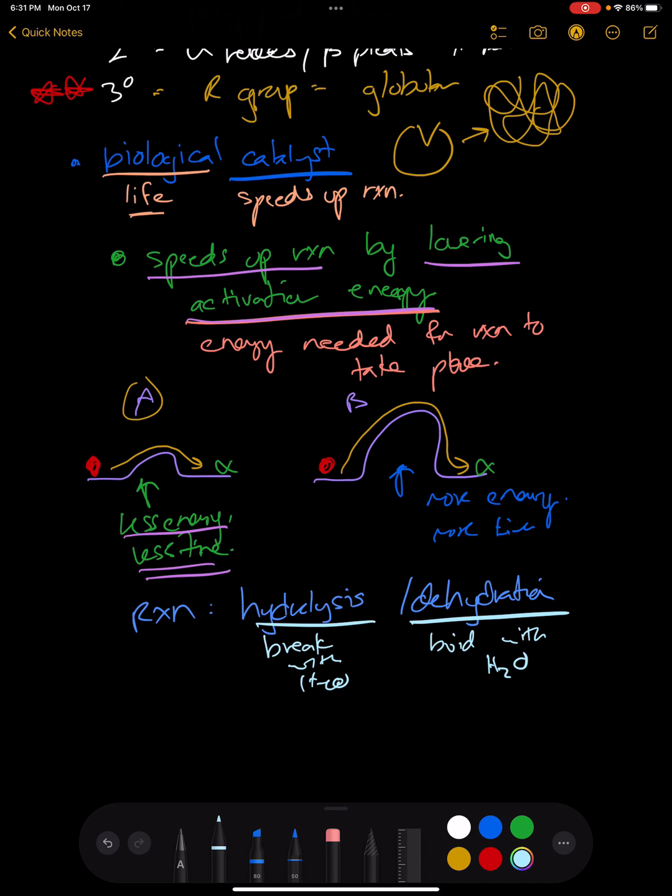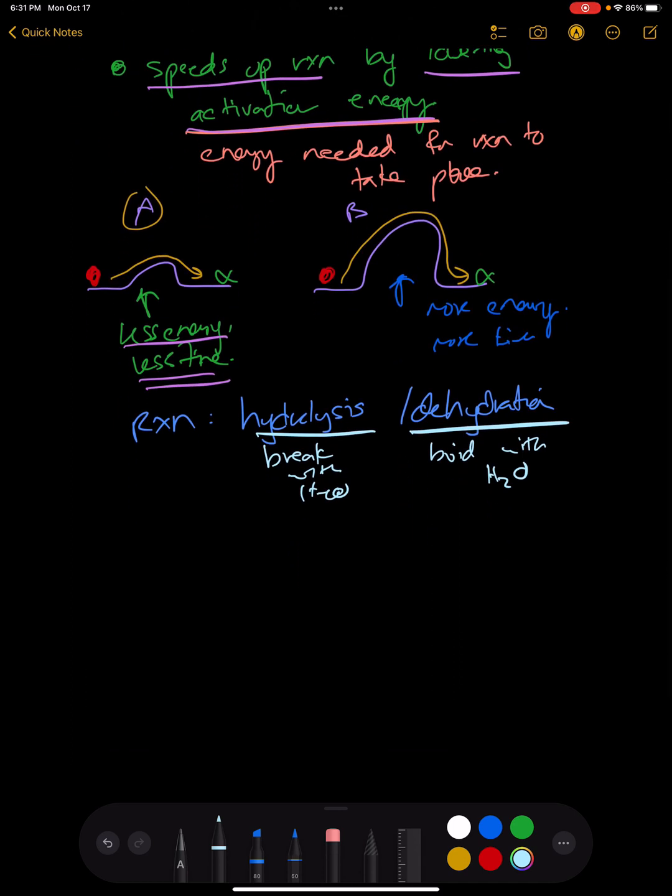So whenever these enzymes do lower activation energy, it's usually because they do a couple of things, right? So if we draw a really easy example, let's say I want to do dehydration. And so here's my molecule, right? This guy right here. So this is my enzyme.